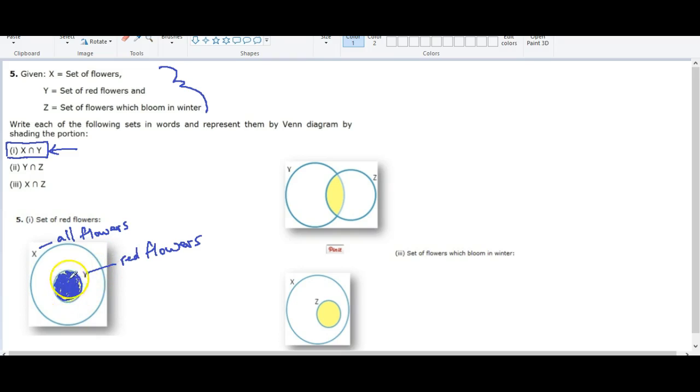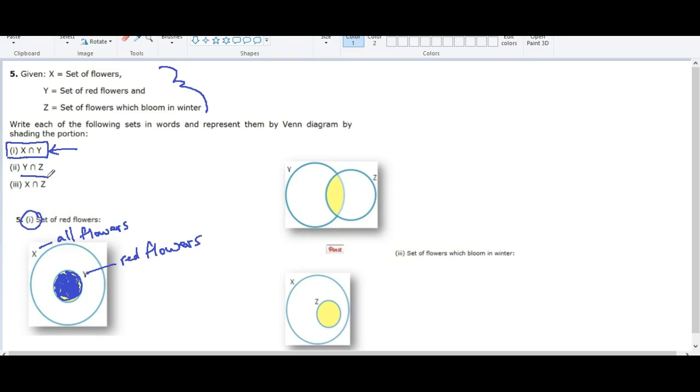So these are the set of red flowers within X. You don't go beyond the Y circle because we're only looking at the intersection and not the union. If it was the union, then we would highlight everything within the two circles. So that's that first question.